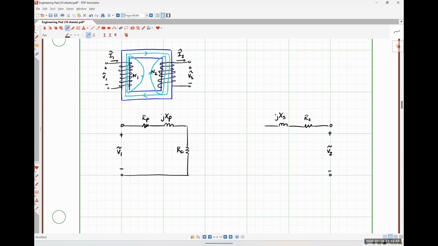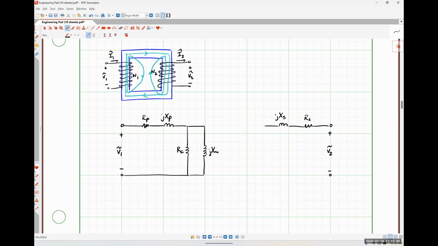The next component that we're going to talk about represents the magnetizing current needed to actually magnetize the core. Now, we're choosing to give this an inductance. So I'm just going to go ahead and put that in right here. I'm going to write it as JXM, where the subscript M is for magnetization.